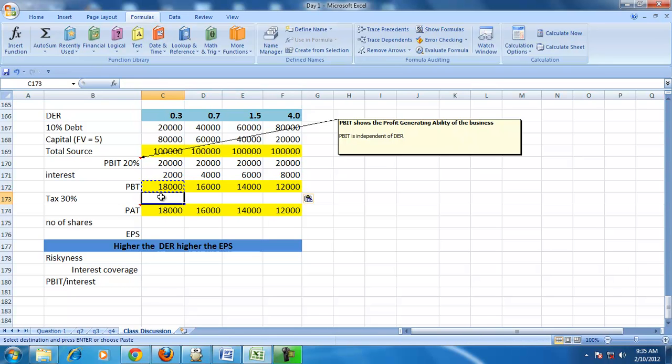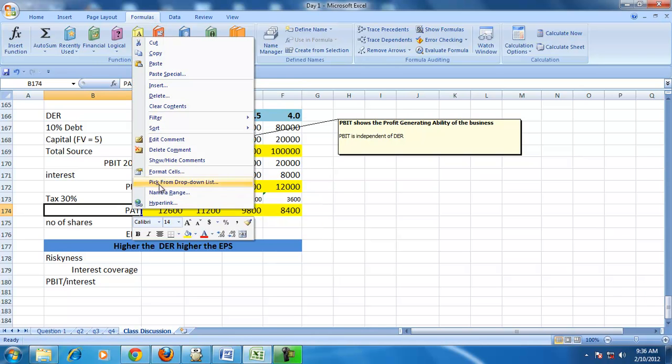Assuming that there is no difference between the tax profit and accounting profit, we charge 30% tax on that, and so the tax in all the 4 situations will be different. So the PAT was 12,600 and is 8,400 with the change in the debt equity ratio.